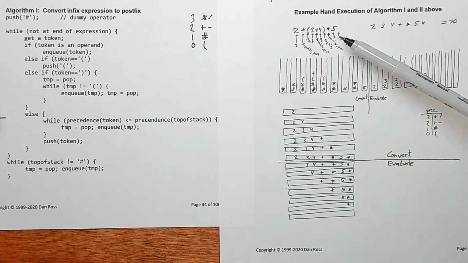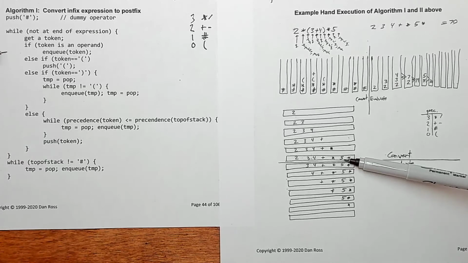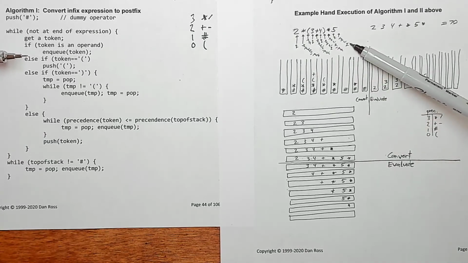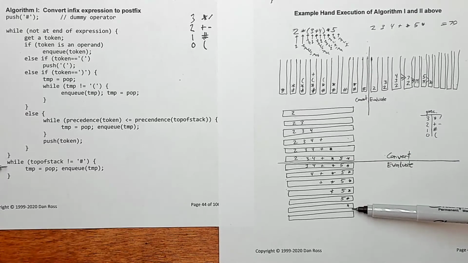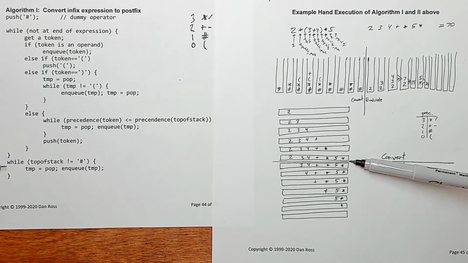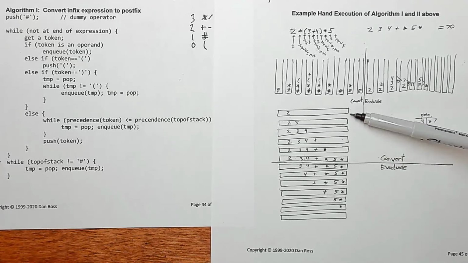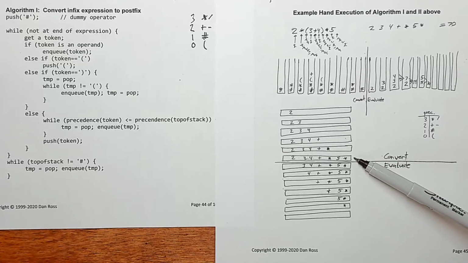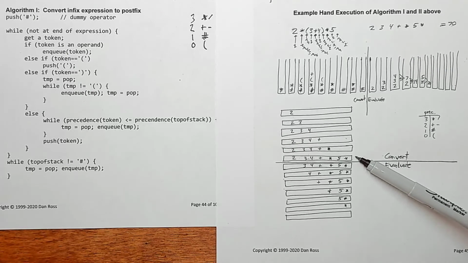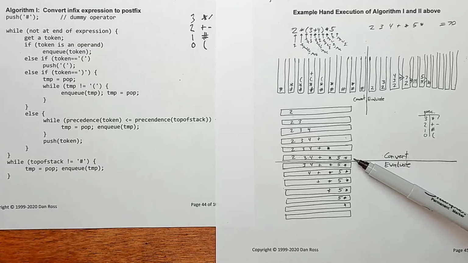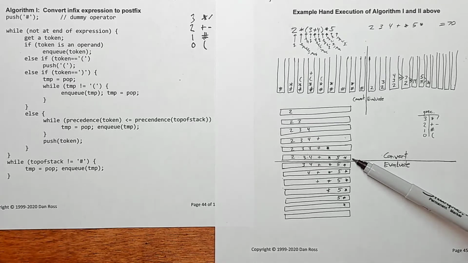Okay, then the 5 will get enqueued over here, and then you're done. So then this guy will come over here, and this little loop here will execute, which basically just cleans out the remaining multiply sign and sticks it on here. Okay, so from here to here, this was the queue getting built up, and this queue contains, at this point, our postfix expression.